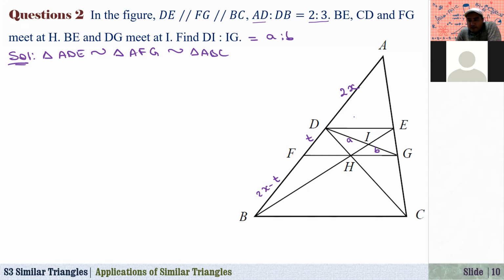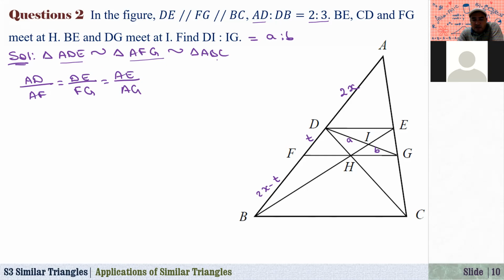From this similarity, for example, AD is similar to AFG. So AD over AF is equal to DE over FG equals AE over AG.